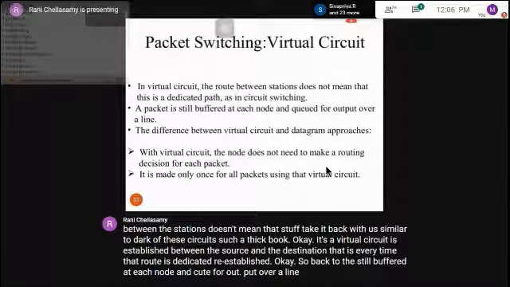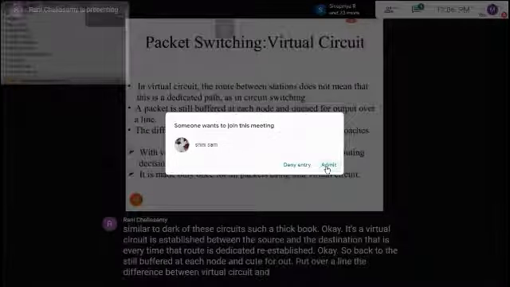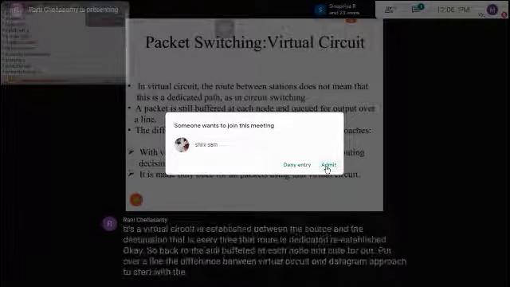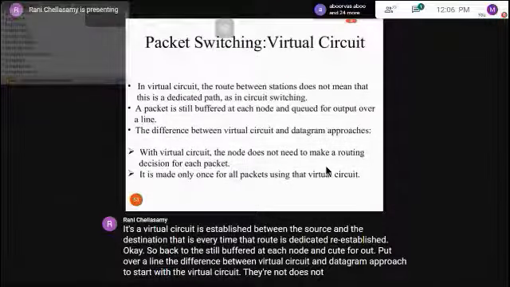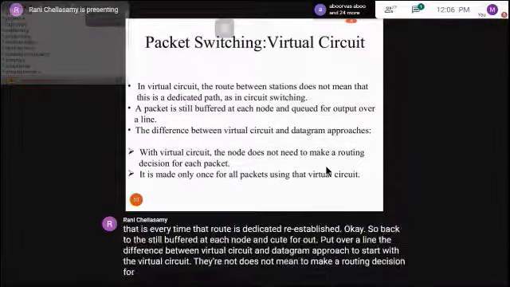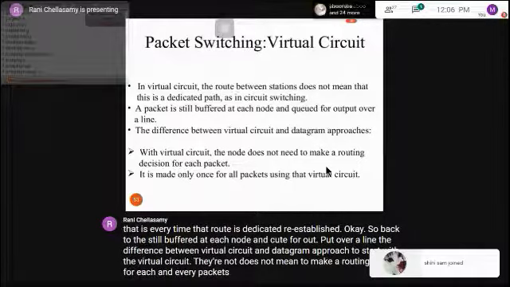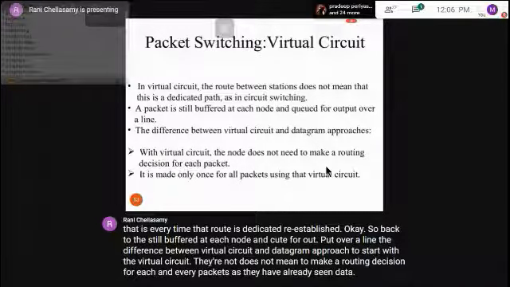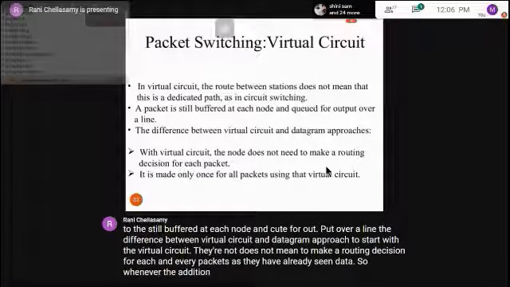The difference between virtual circuit and datagram approach is that with the virtual circuit, the node does not need to make a routing decision for each and every packet. As we have already seen in the datagram approach, whenever the data packet arrives at the router, it has to wait till the routing decision happens.